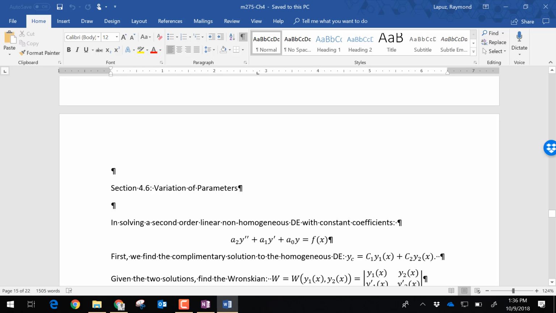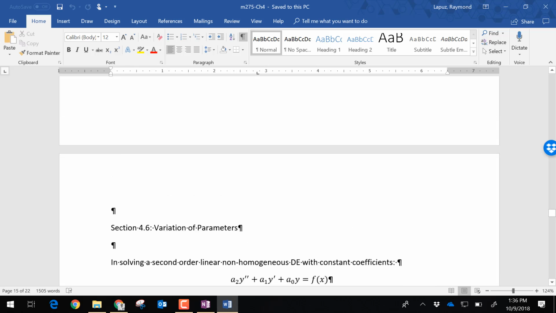So we're going to skip over 4.5, the annihilator method. If you're an honors person, that could be one of the things that you can cover in detail. It gives you the same results.